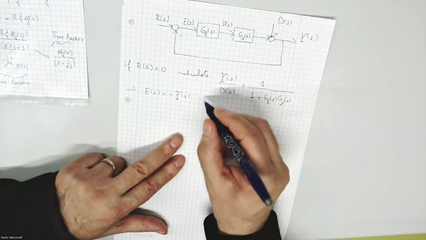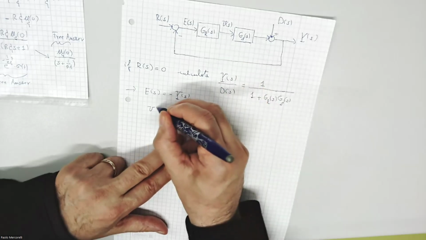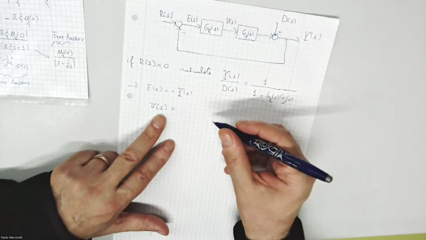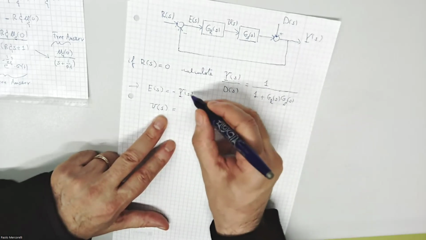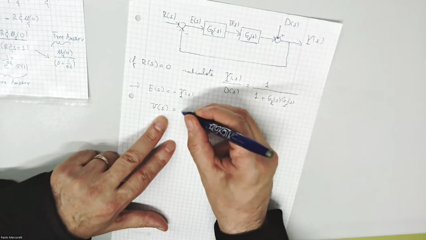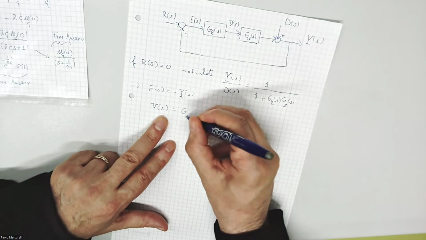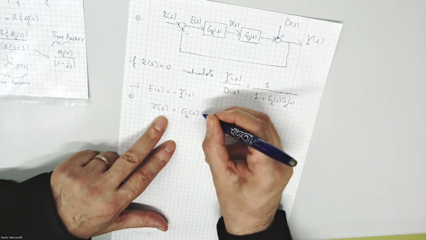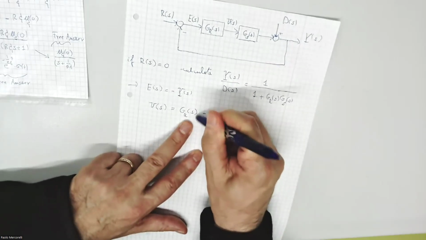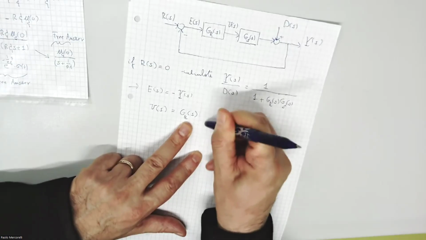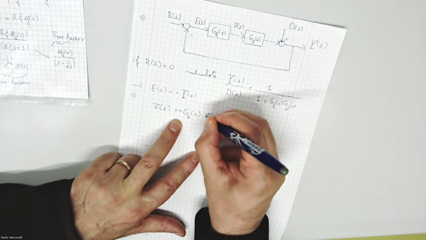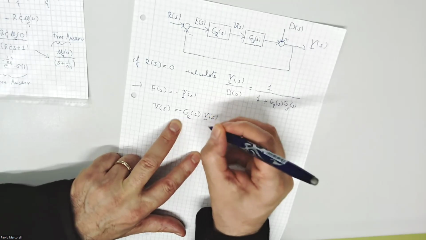Now, what is U(s)? U(s) is this signal here, which multiplies G_R(s). This means, let me write so, which multiplies, or let me put minus. Right.